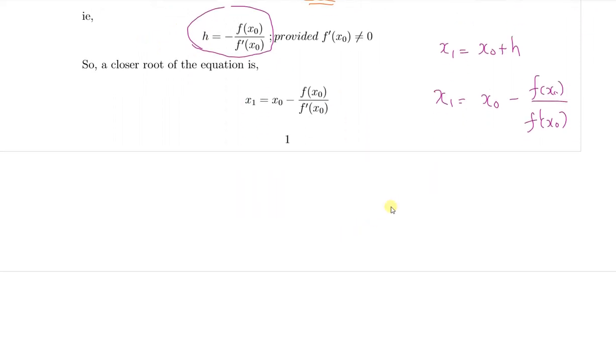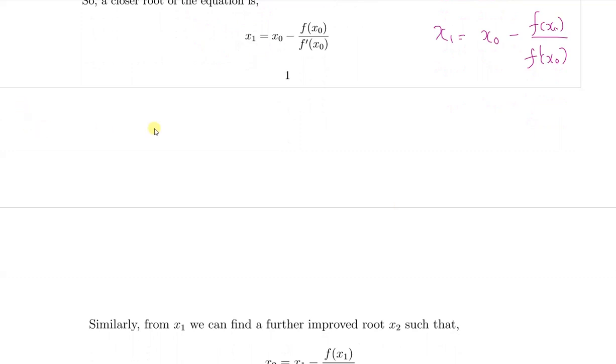Now we can check whether f of x1 is equal to 0 or not. If it is not 0, or if it is not very close to 0, we usually take the condition, if f of x1 is greater than some small value like 0.001, like this.